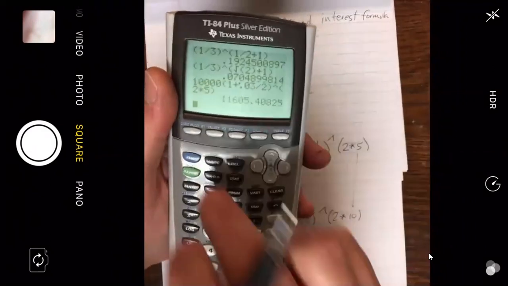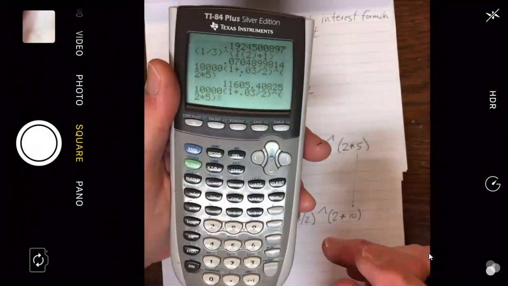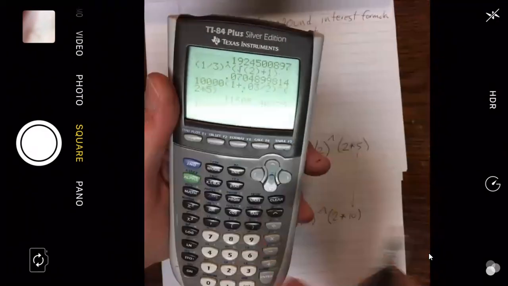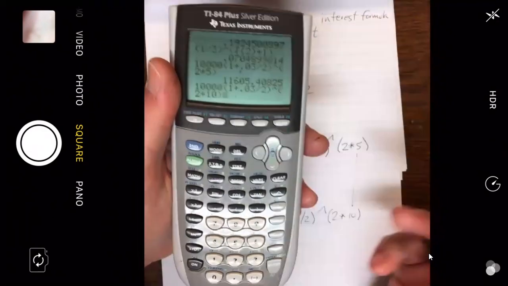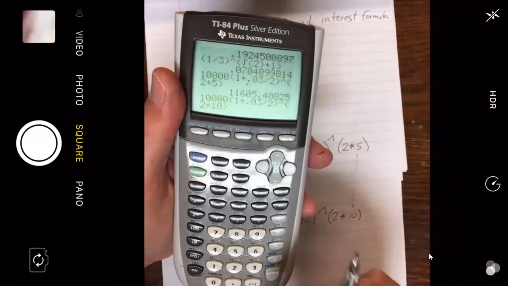So on the calculator, if you hit second enter, you call the whole thing back. And all you got to do is go over to the 5 and make it a 10 and close parentheses. So now you're raising it to the 20th power. That's $13,468.55.